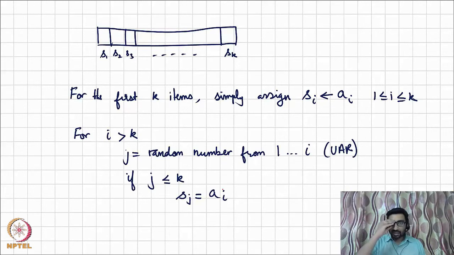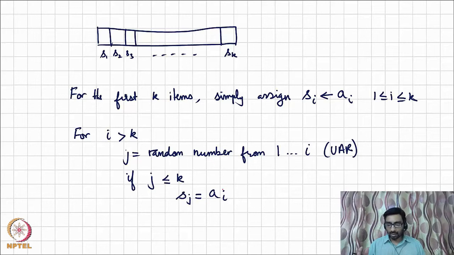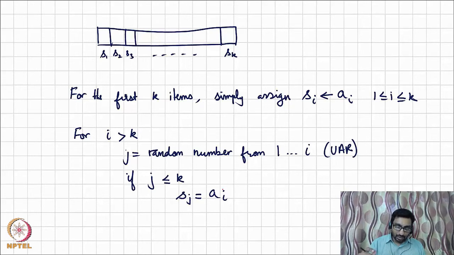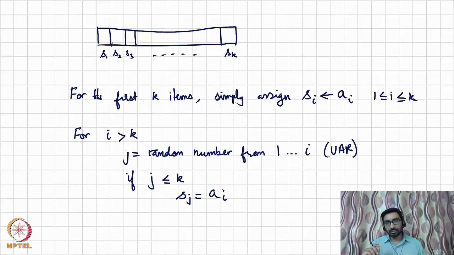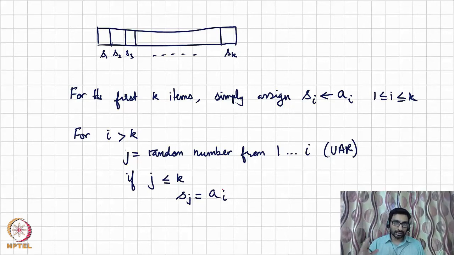Now, what happens if i is greater than k? We first generate a random number, and this random number is generated uniformly at random between 1 and i. And if that randomly generated number happens to be between 1 and k, then we replace the jth memory cell.